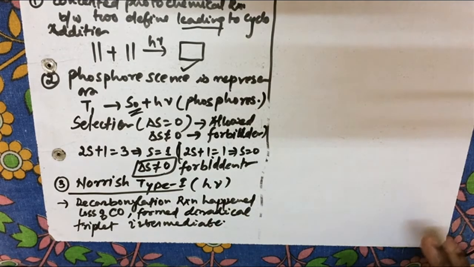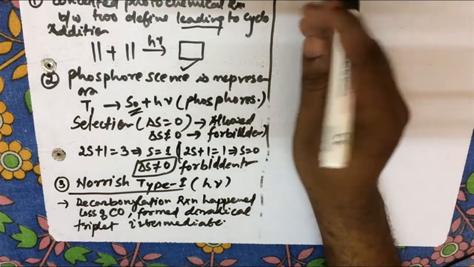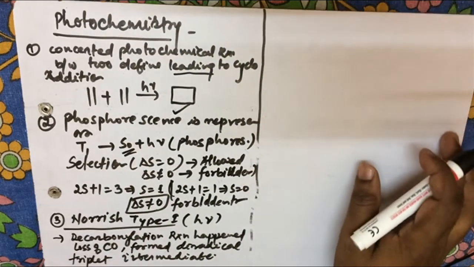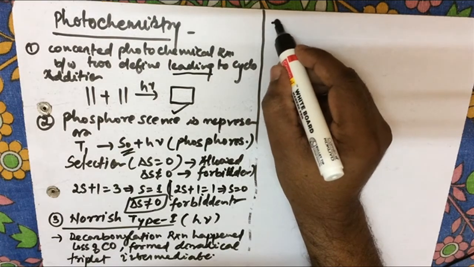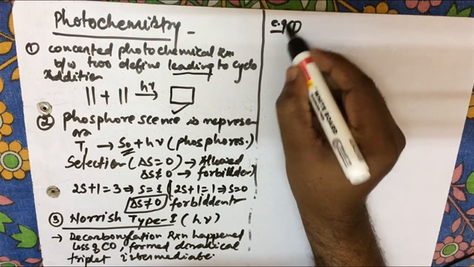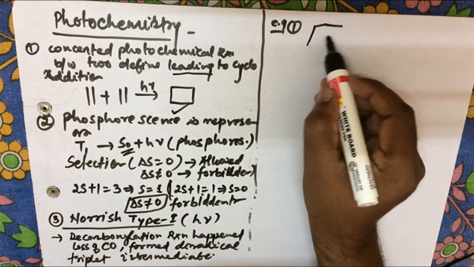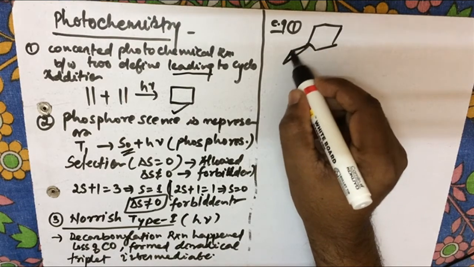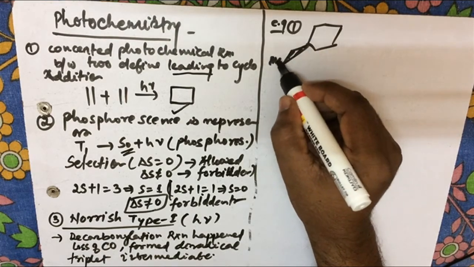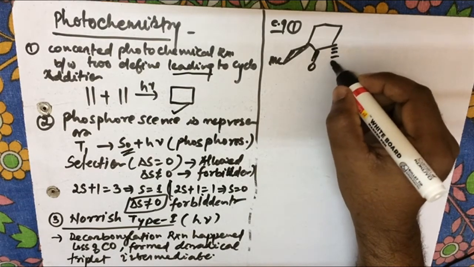Okay, so these are the main important points. Let's see these things through examples. Example number 1: this is methyl and this is carbonyl, and this is the methyl below the plane.